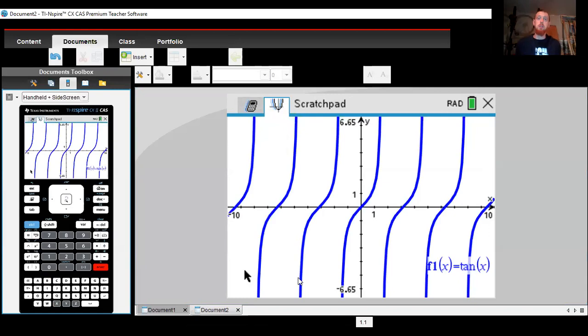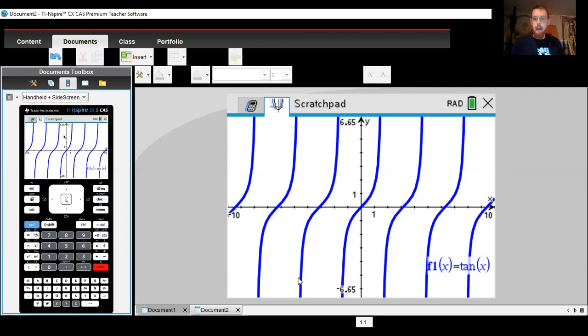Now, if you remember back to our graphing trigonometric functions lesson that we did last week, we saw that the period for a sine function and the period for a cosine parent function was 2 pi. These tangent functions are periodic as well.